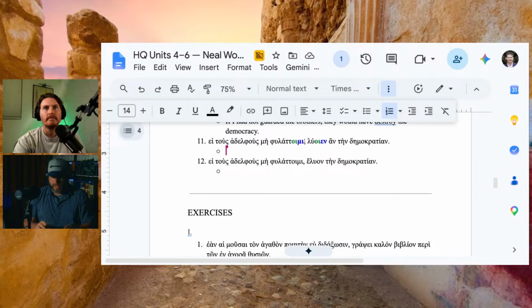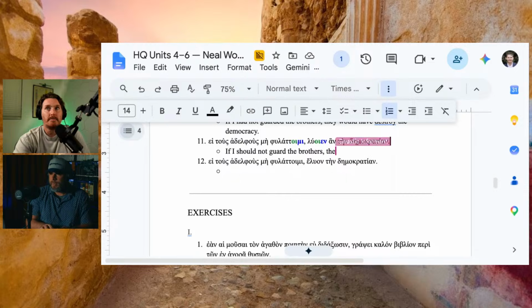If I should, if I should not guard the brothers, because you've got me, right? Guard my brothers, or the brothers. Yeah, if I should not guard the brothers, then they would destroy. They would dissolve the democracy, or destroy the democracy.